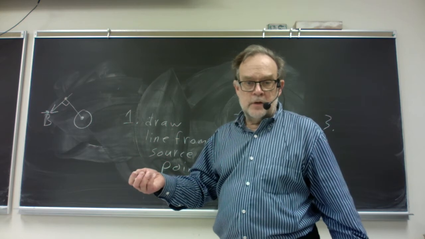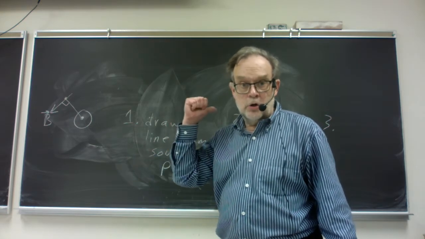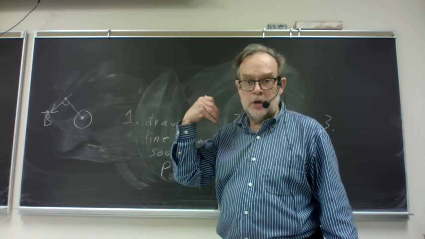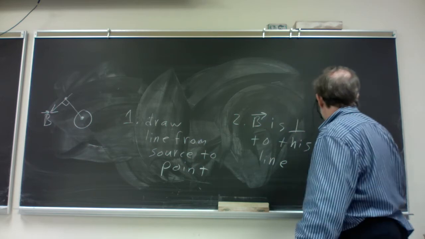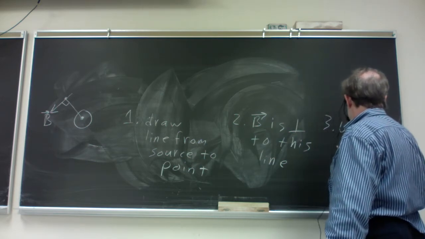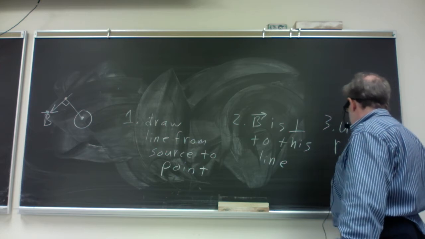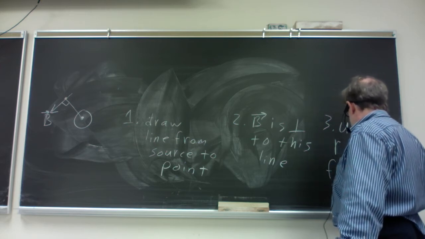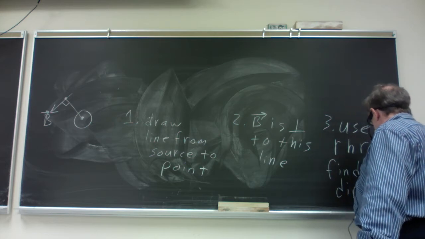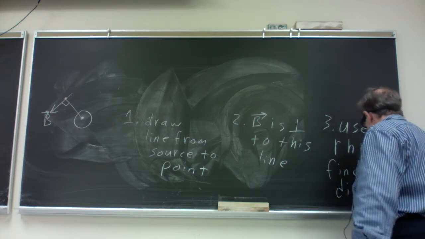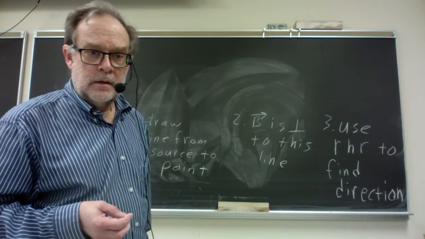That means the magnetic field has only 2 possible directions, one way or the other way along that straight tangent line. And which way you figure out by using the right-hand rule. Use the right-hand rule to find the direction.